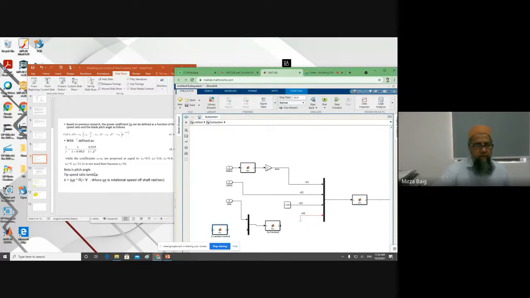This 1 over lambda has lambda and beta as two inputs.